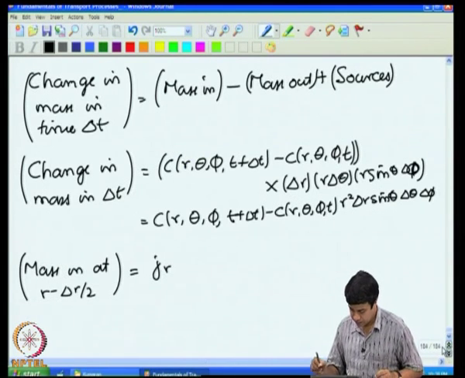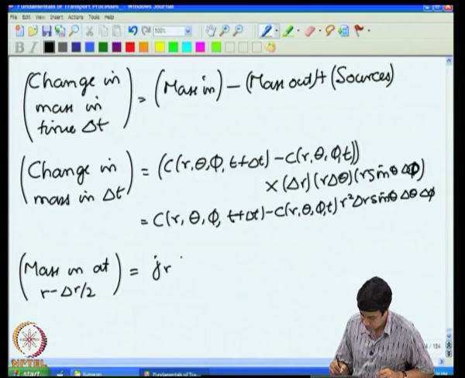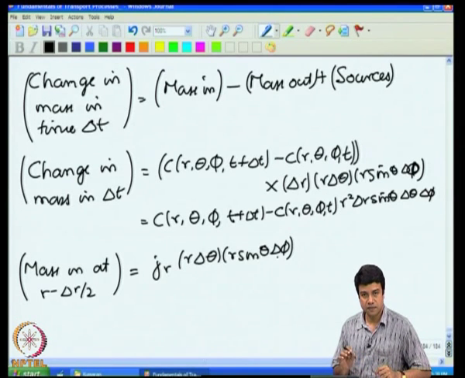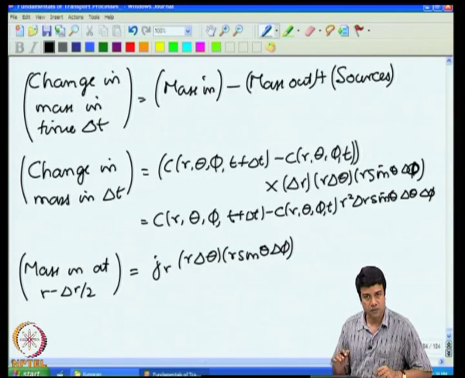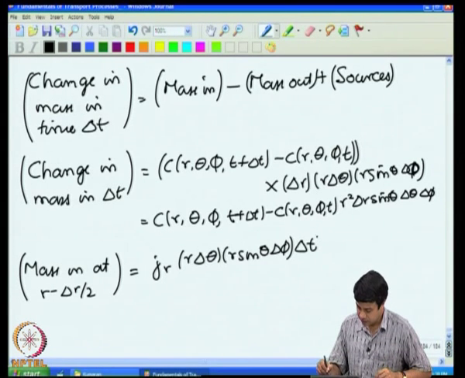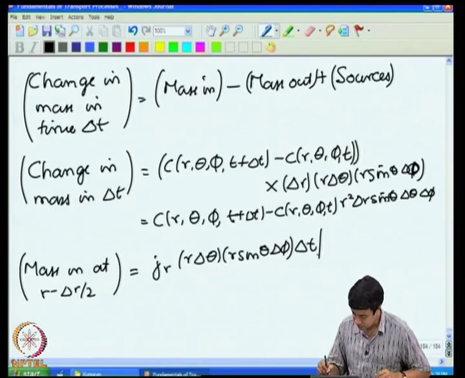Therefore, this is equal to Jr times r delta theta r sin theta delta phi times the time. Flux is per unit area per unit time. Therefore, in order to determine the total mass coming in, I have to multiply this by the surface area and multiply it by time. This whole thing is at the surface r minus delta r by 2.